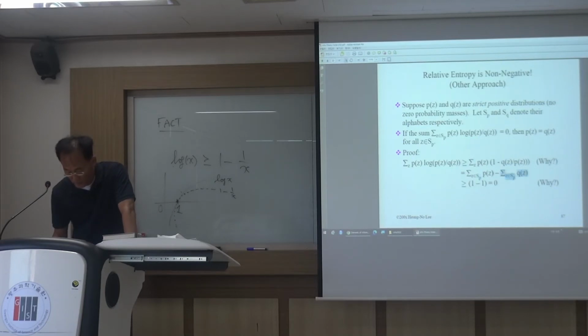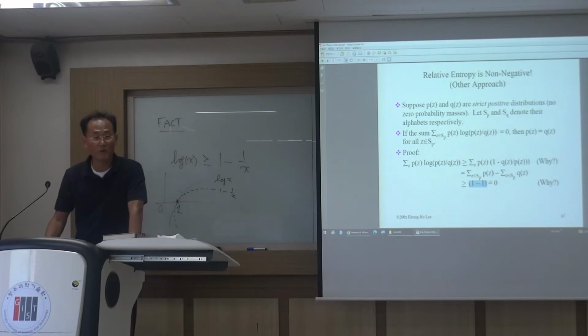So this part could be smaller than 1, right? But this number is greatest when it is exactly equal to 1. So it is lower bounded by 1 minus 1, which is 0. Okay? So this is another proof. So relative entropy is non-negative. One more time, we have done that.